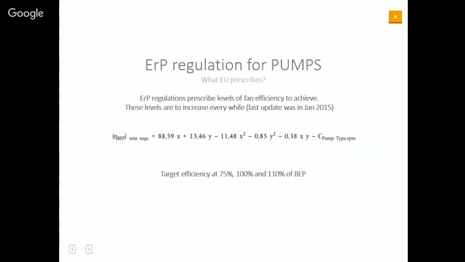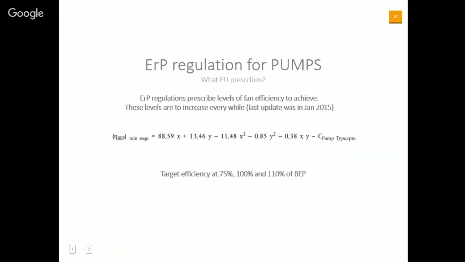A similar regulation works for hydraulic pumps. Here, the main difference regards the application, not only at the best efficiency point, but also the regulation specifies a target efficiency at 75% of the volume flow of the best efficiency point and at 110% of the volume flow of the best efficiency point.